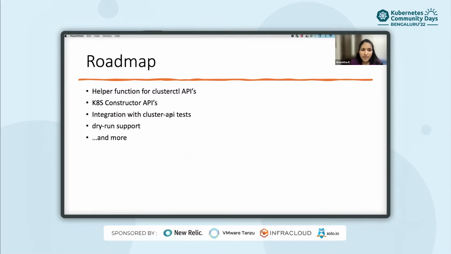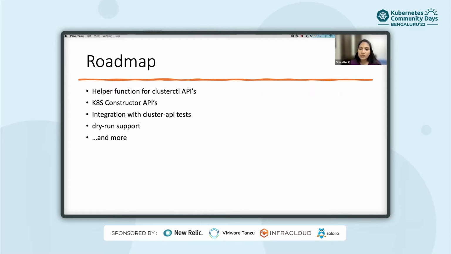Let's see the roadmap. These are some of the features in the pipeline which we are planning to add in the e2e framework. Like kubectl helper APIs, we want to implement clusterctl APIs helper functions. There is also already a draft design on Kubernetes constructor APIs. This design proposes a functional approach where a developer would use function and method calls to automate the creation of Kubernetes object graphs.